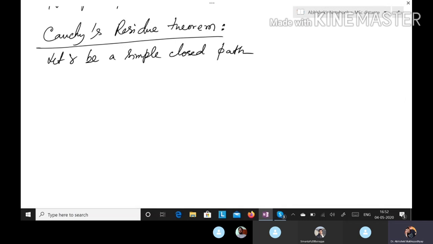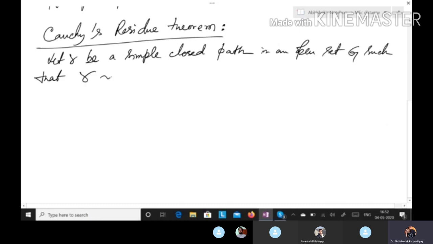A path is a function from the closed interval [0, 1] into the complex plane, and this function is one-to-one. So gamma is a simple closed path in an open set G such that gamma is homotopic to 0 in G. That is, gamma can be shrunk to a point in G.